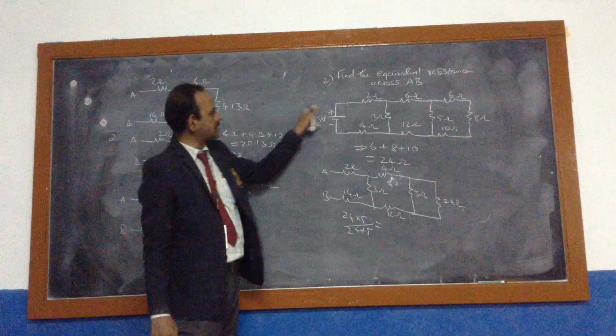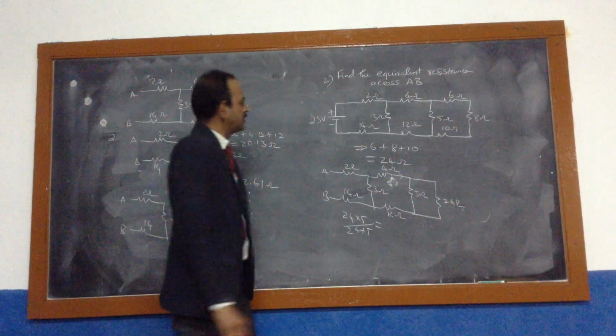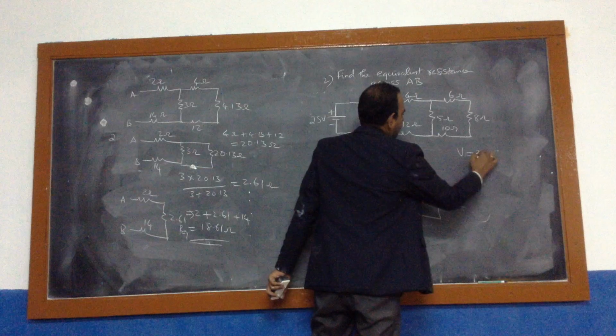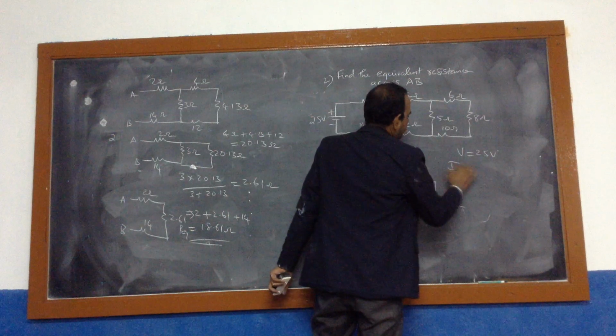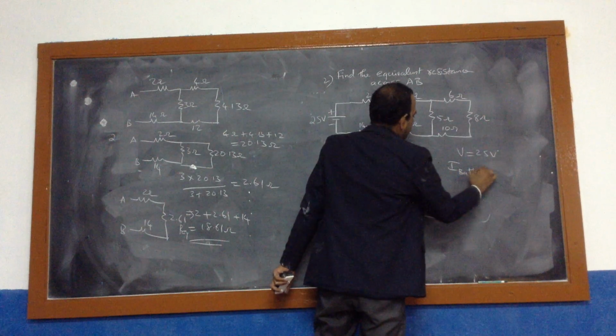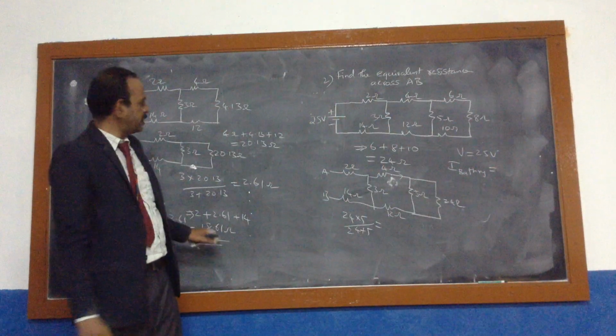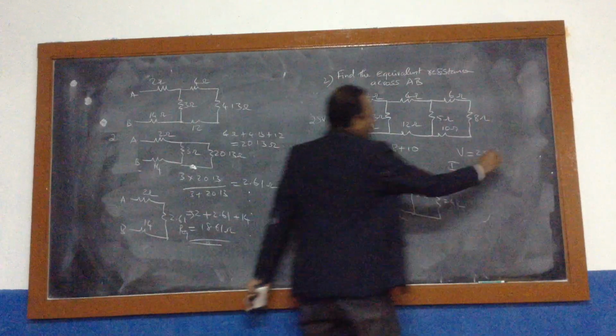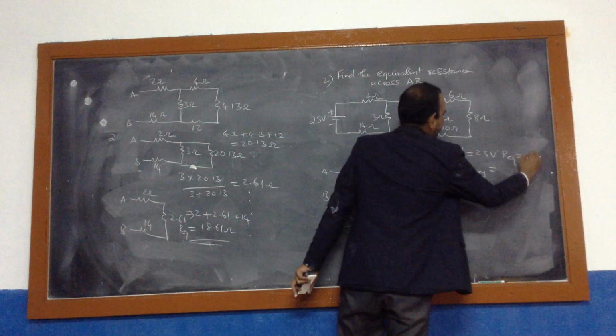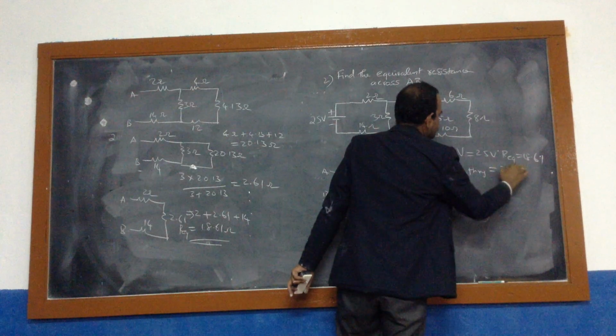So the battery voltage is 25 volt. They ask the current supplied by the battery, which means we use the total resistance. The equivalent resistance is 18.61 and the total voltage is 25.